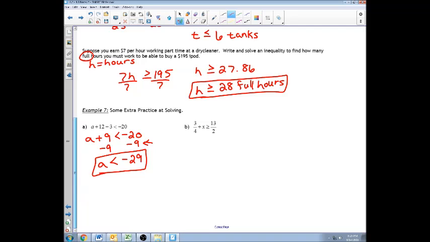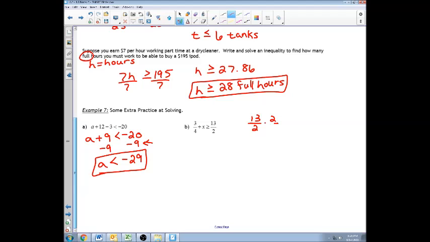Part B, I have 3 over 4 plus x is greater than or equal to 13 over 2. Well, because that is 3 over 4 plus x, I know at some point I'm going to subtract by 3 over 4. So I want to change my 13 over 2. I need to have like denominators with that 3 over 4, right? Because I'm going to have 13 over 2 minus the 3 over 4, right? So I need to make that 2 a 4.